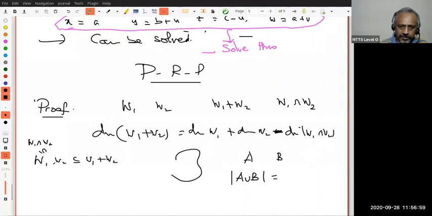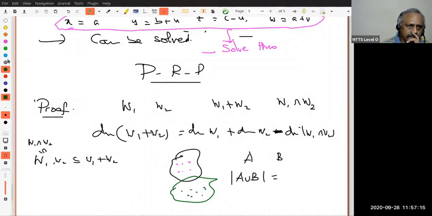So this may be my A, these are the elements, and this may be my B, these are the elements, and these are the elements which are common to both.